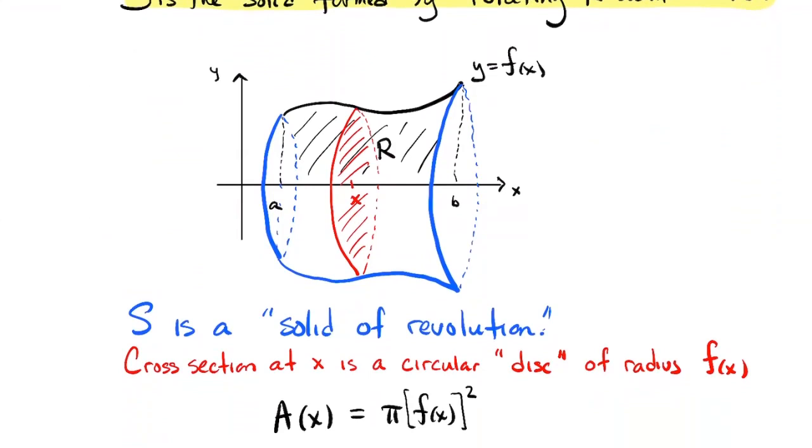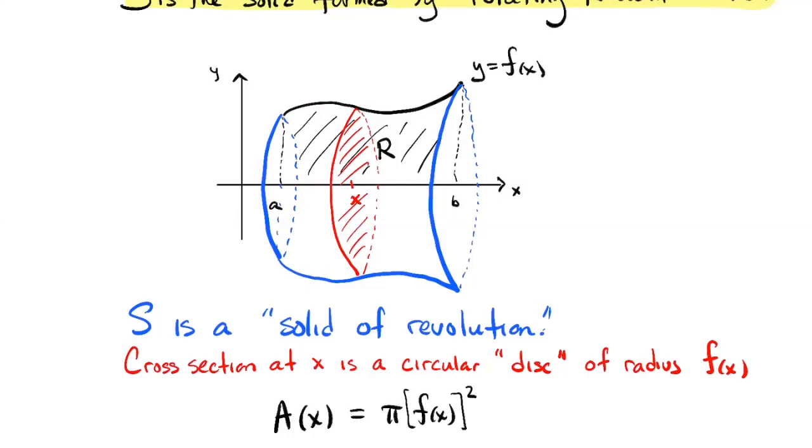You can still see my region R, bounded by the x-axis and the graph of y equals f of x, and I've just rotated R around the x-axis. It sweeps out this thing that looks like a lampshade. I'm calling that solid region S, and it's a solid of revolution by virtue of the way it was formed.